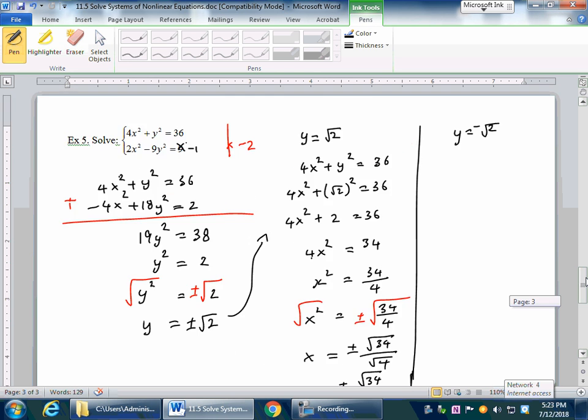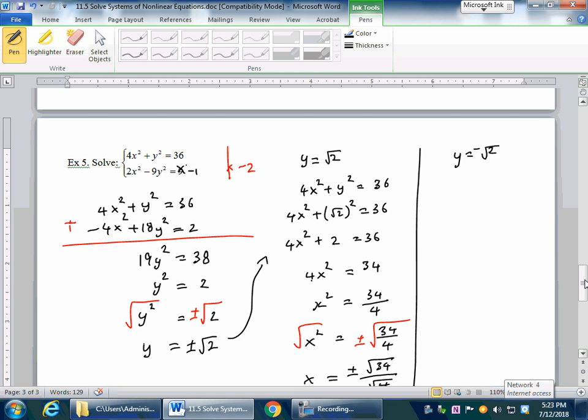Going back and substituting into the same equation, 4x squared plus y squared equal to 36. So 4x squared plus negative square root of 2 squared equal to 36. So negative squared will become positive. Square root of 2 squared will be 2, equal to 36.